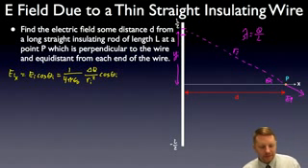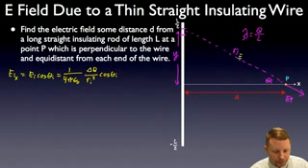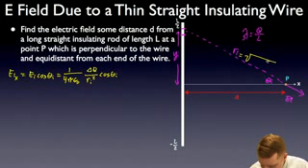Now we've got to do a little bit of math here. First thing we can recognize here is Ri is the hypotenuse of a right triangle, where Ri is going to be equal to the square root of yi squared plus d squared.